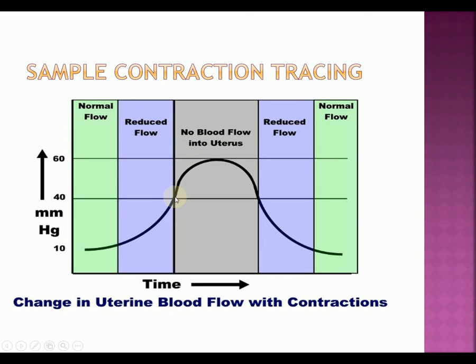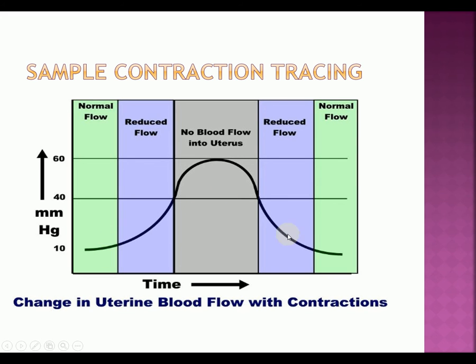So the uterus is not getting any blood flow whatsoever, and right in here your fetus is suffering from not getting enough oxygen. Then, as the contraction starts to relax and go down, you start seeing the blood flow return and then go back to normal. So this is why we want to monitor our contractions and periodic changes in our fetal heart rate.